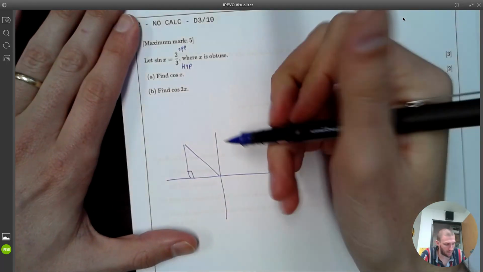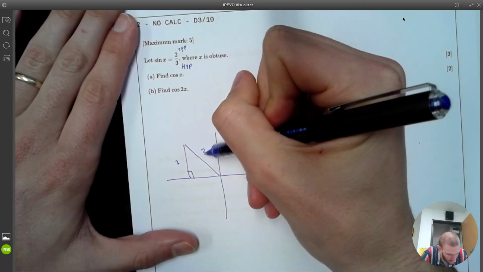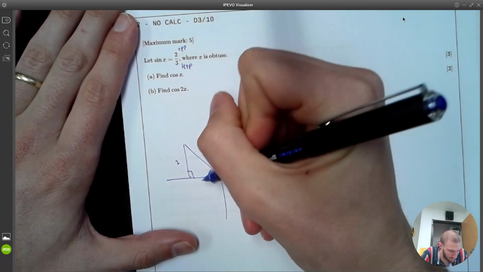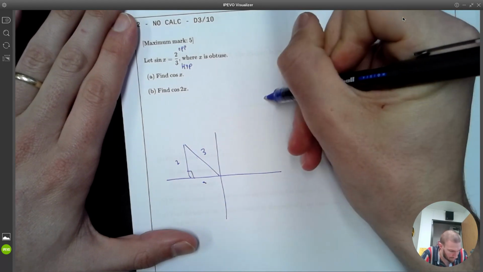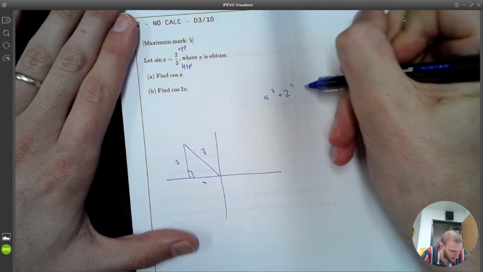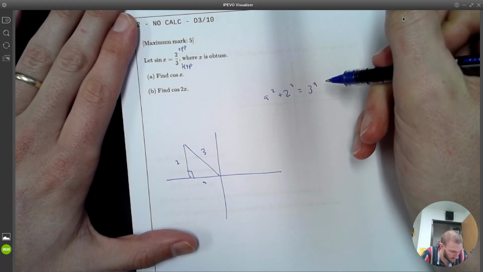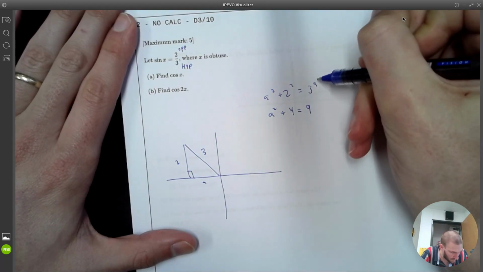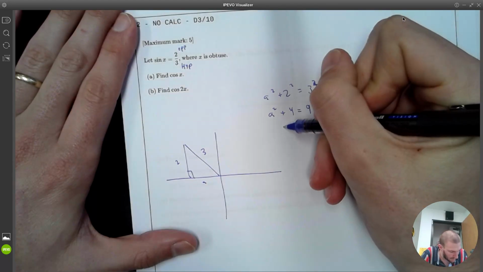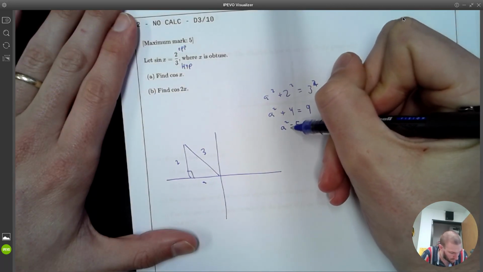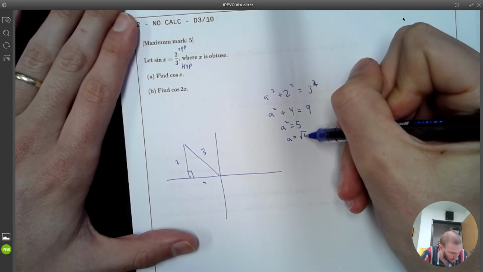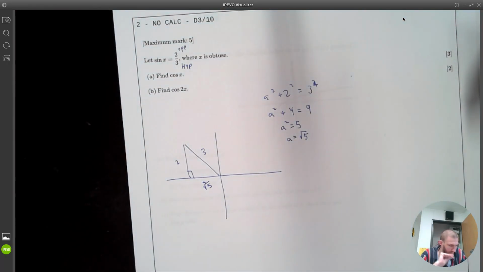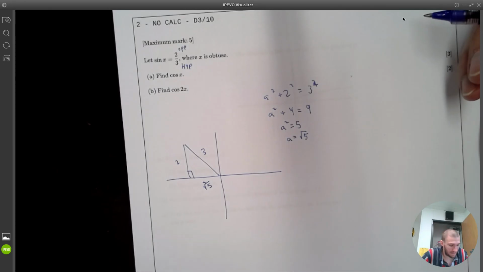And so 2 and 3, we can use Pythagorean theorem. A squared plus 2 squared is equal to 3 squared. That's going to be a squared plus 4 is equal to 9. It's going to be a squared is equal to 5. It's going to be a is equal to square root 5. I'm probably going to get a mark for that.